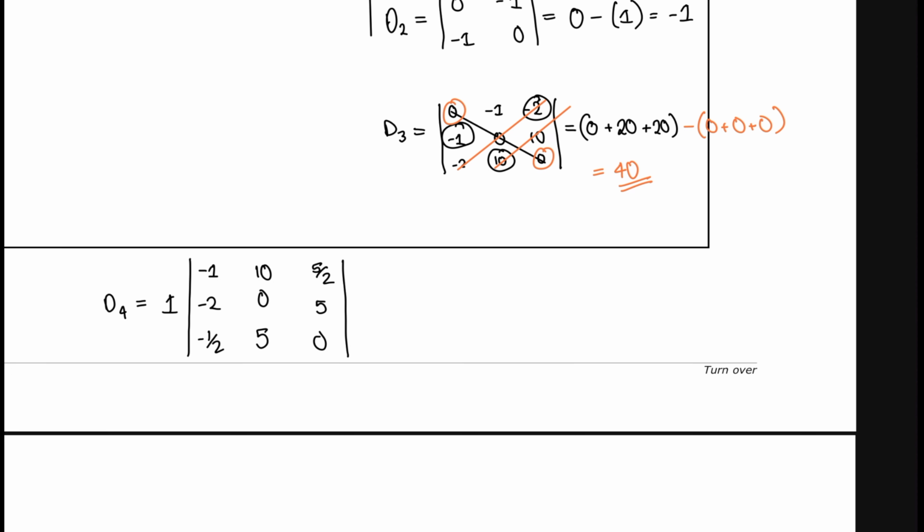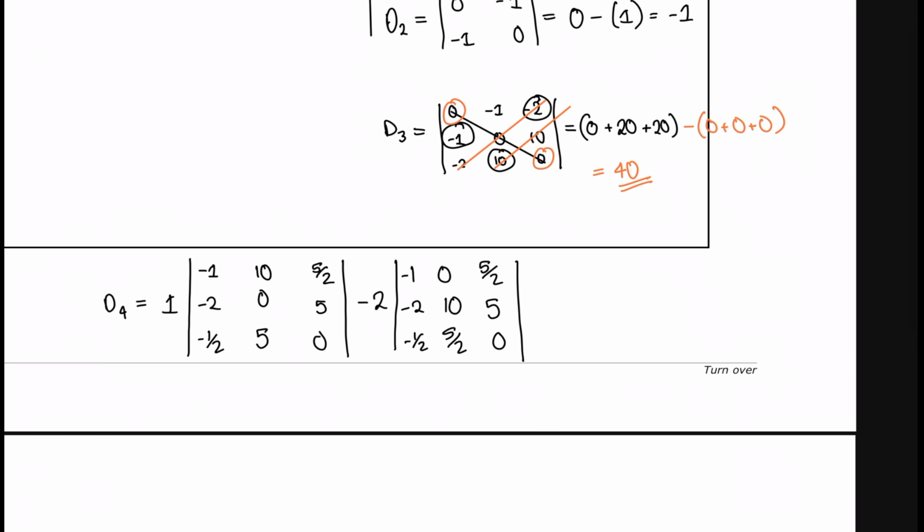Then we look at minus 2, and the principal minor will be 1, 0, 5 over 2, 2, 10, 5, sorry, it should be minus 1, minus 2, and minus a half, 5 over 2, 0.